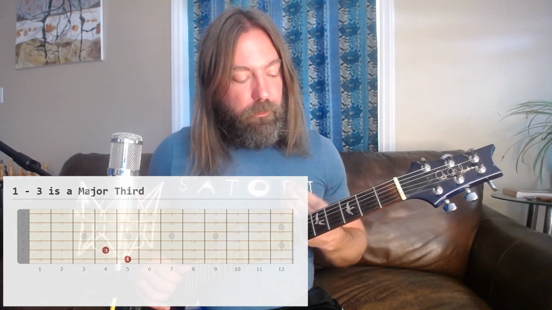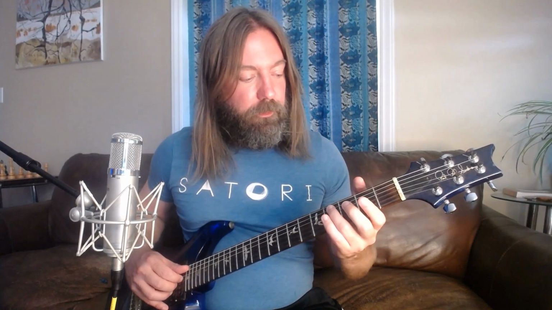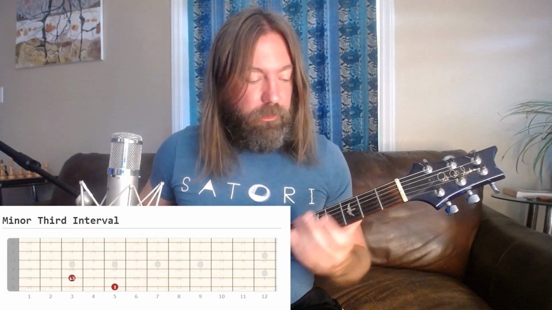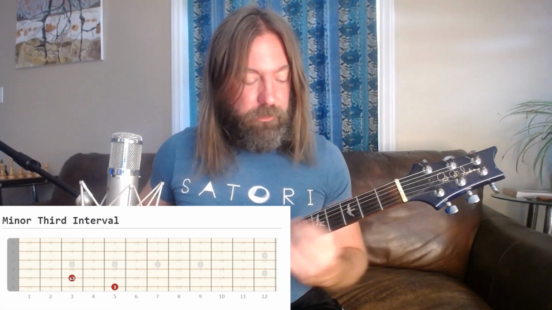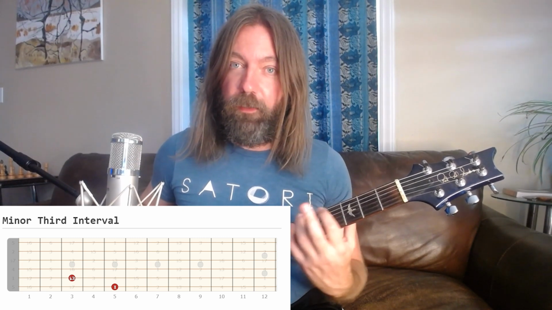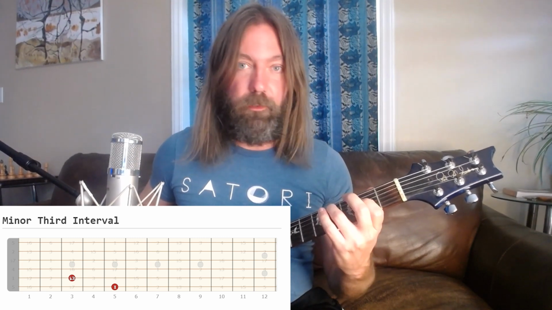Now the second interval, 3 to 5, is going to be a minor third. So the third note to the fifth note in the major scale, 1 to 3 to 5, that's a minor third.